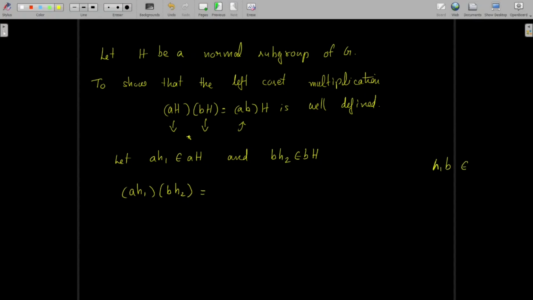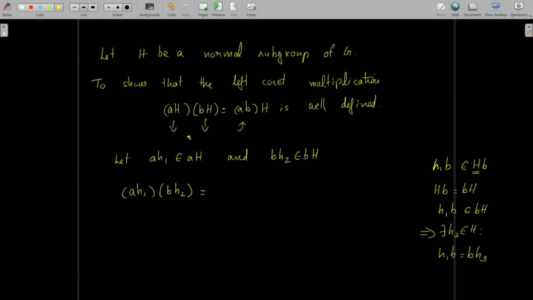Actually this belongs to HB. Since H is a normal subgroup, HB equal to BH. Therefore we can see that the element h1B belongs to BH. This implies there exists some h3 belongs to H such that h1B equal to Bh3.